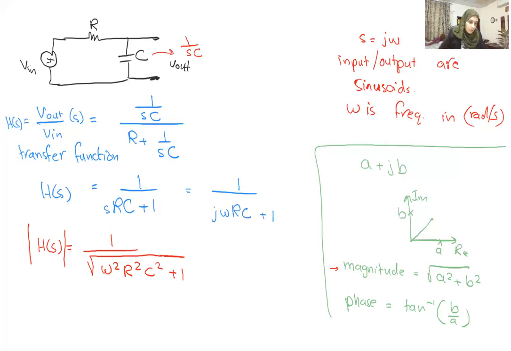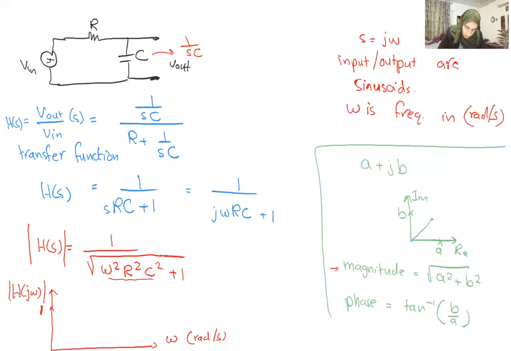So now I can plot this with respect to frequency, which is omega. Let me assume this is omega in radian per second, and here the magnitude of H of j omega. When omega is equal to 0, this term will go to 0, and we have 1 over 1, which is 1.